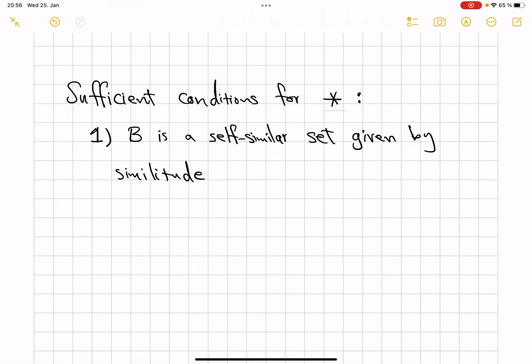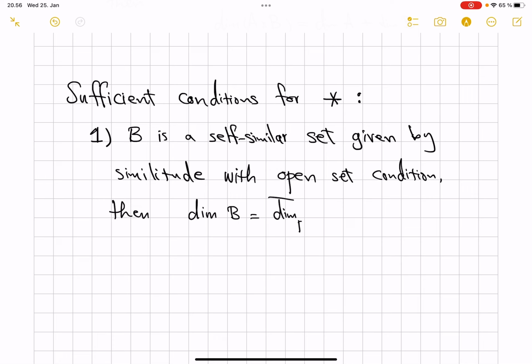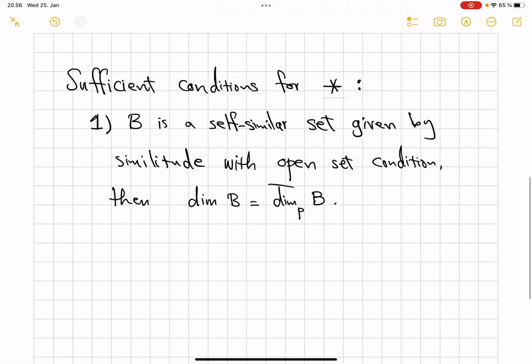But anyway, if B is a self-similar set given by a finite collection of similitudes that have the open set condition, that also we have covered, then star holds. So the dimension of B is actually equal to the upper packing dimension of B. So that's one situation where this will happen.